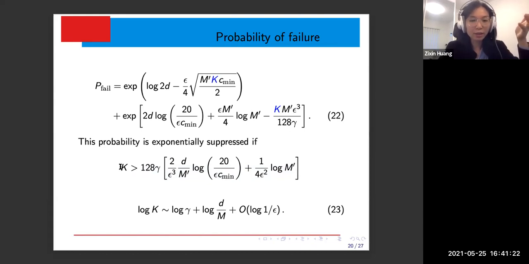And when you take the log of k, this ends up being this expression over here, which is what we've seen before. And this dictates the number of secret bits required to keep the protocol secure.